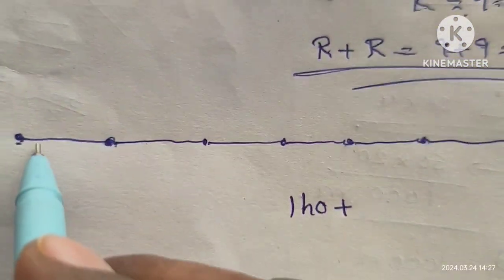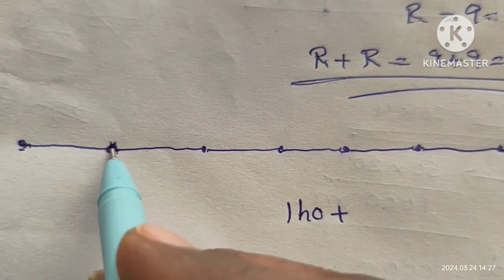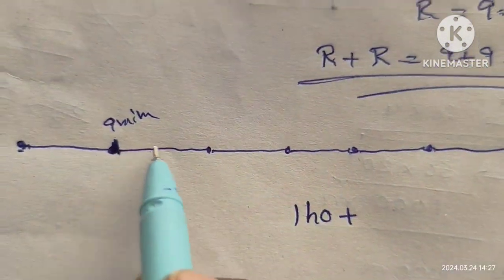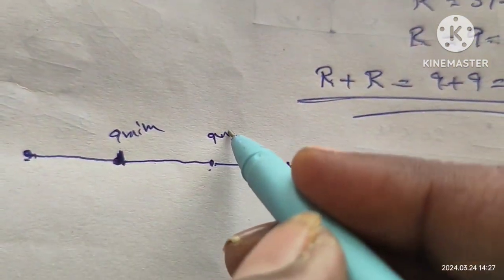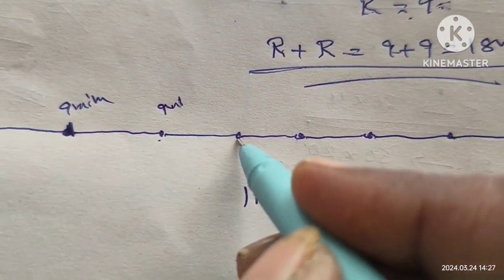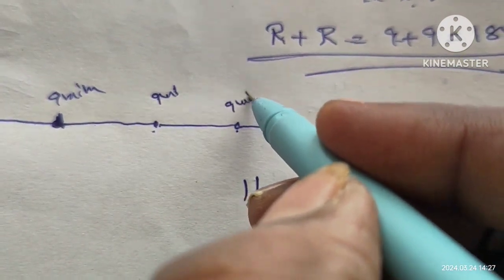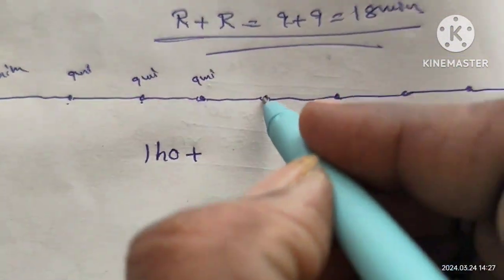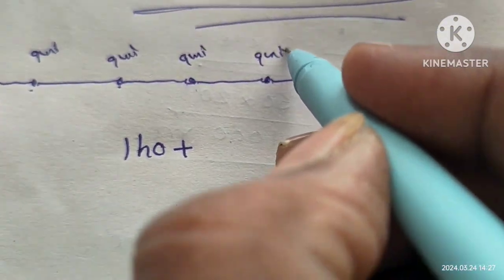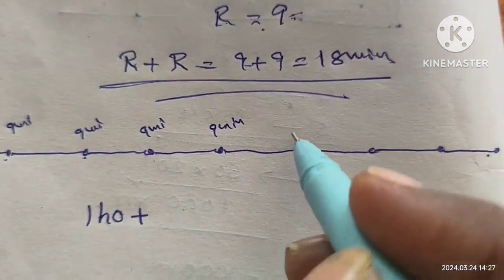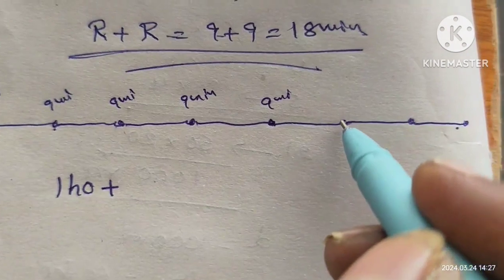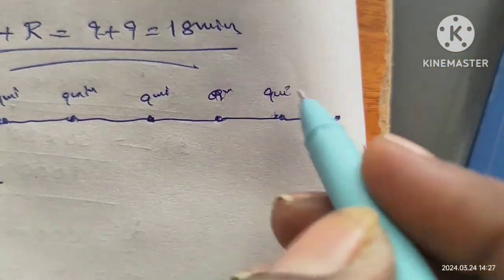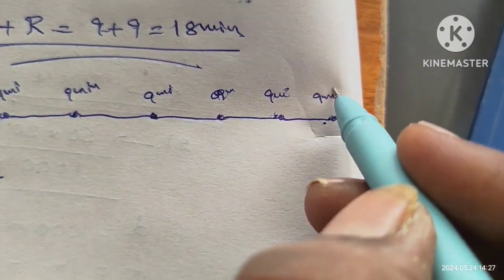Plus here after the first kilometer he took 9 minutes rest, and after 1 kilometer 9 minutes rest, after 1 more kilometer 9 minutes rest, and so on.